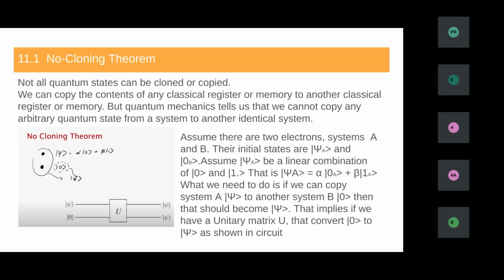Same way, we assume that there is a system A with a ket psi, which is nothing but a superposition of ket 0 and ket 1 with alpha and beta as coefficients in the first system. The second system, let's assume, is in state 0. We want to copy this, so how do you copy?